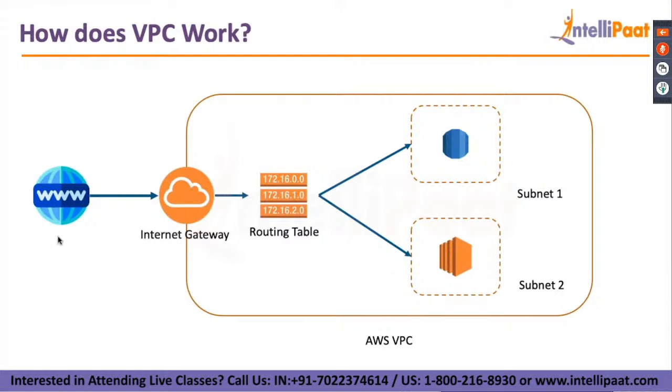So what basically happens is, first there is the internet, right? So you are first always on the internet, and from the internet there is a request which comes in. So let's say you are at your home system, and if somebody has to reach out to your computer, let's imagine it like that. How will it work? So first you have the internet, and from the internet there will be a request which will come in.